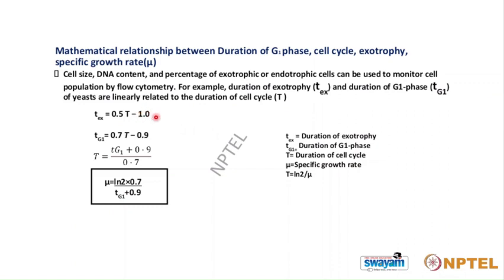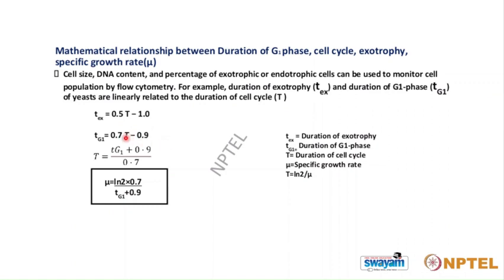Here 1 can be considered as the entire cell duration, and if we subtract the factor 0.5 T, we will get the duration of exotrophy. And Tg1, which is the duration of G1 phase, can be calculated as 0.7 of T minus 0.9.